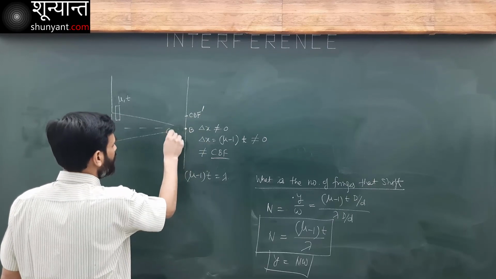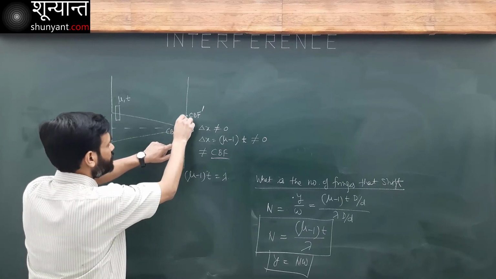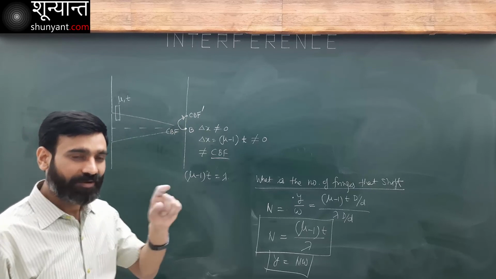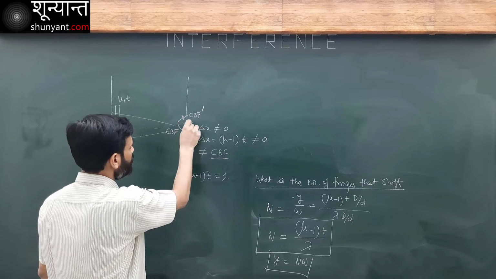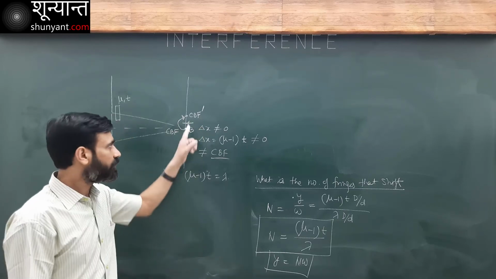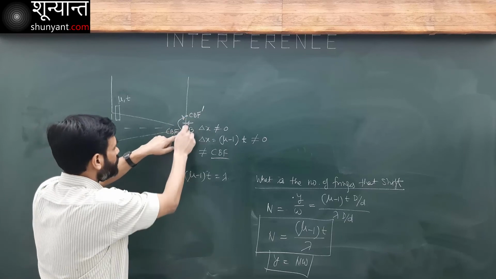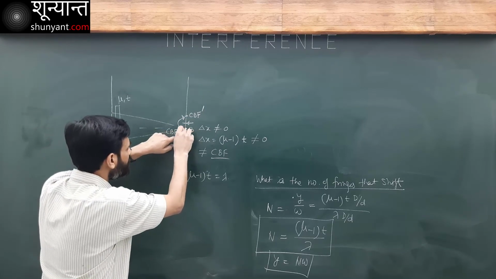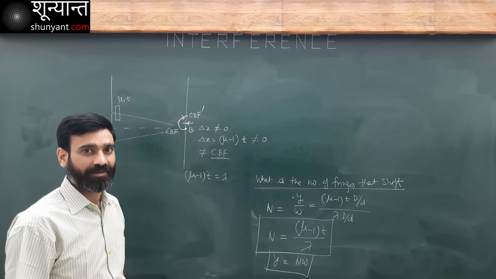Earlier the central bright fringe was at this position. Now it will shift up. How many fringes will shift? One fringe will shift. If you observe this point, one fringe will shift.